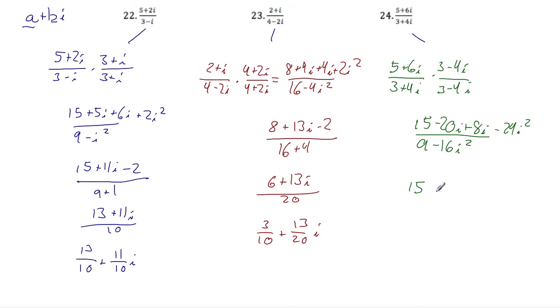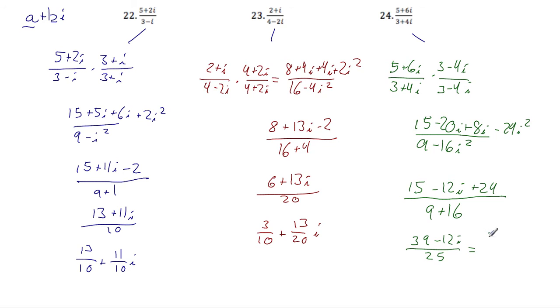So we get 15 minus 12i plus 24, because i squared is negative 1. Instead of 9 minus 16i squared, we get 9 plus 16. So here we're going to have 39 minus 12i over 25.